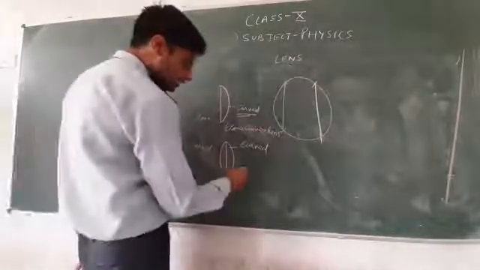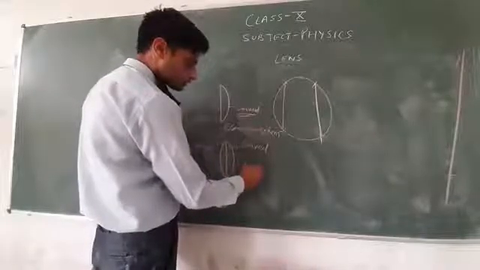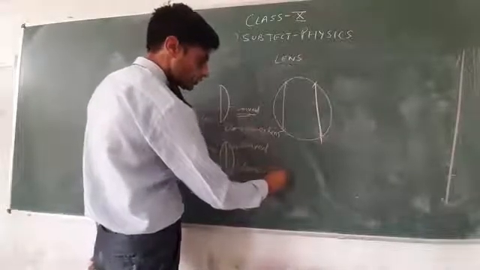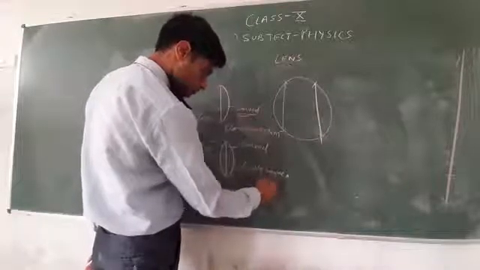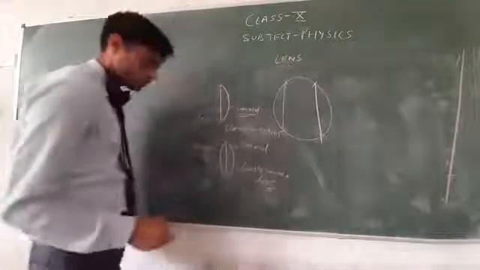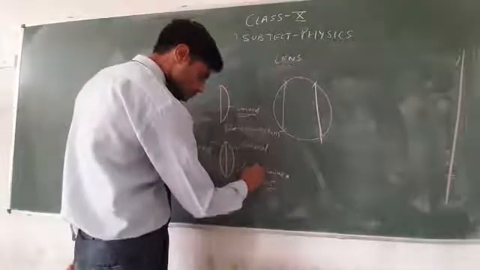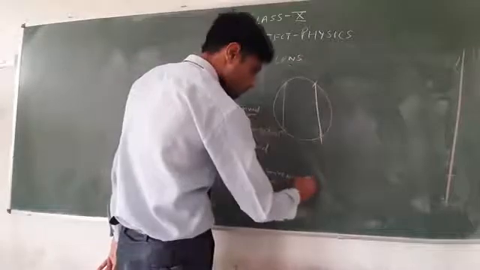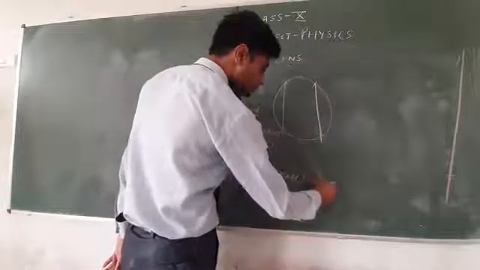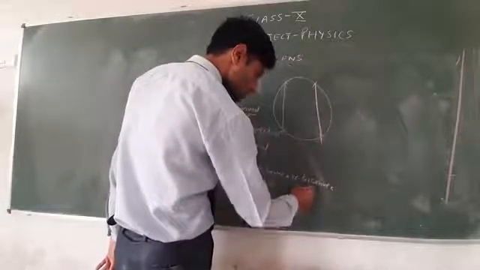So this is known as a double convex lens. This is also known as a biconvex lens.